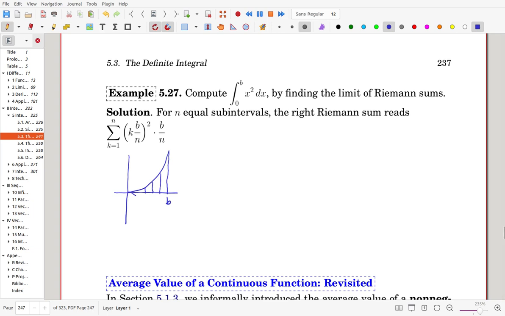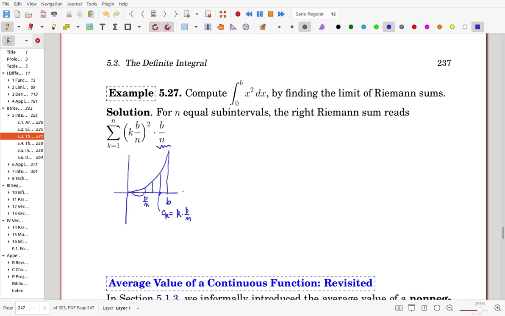Then for the first subinterval, the interval length will be b over n. And for the kth, the right endpoint ck will be k times b over n.